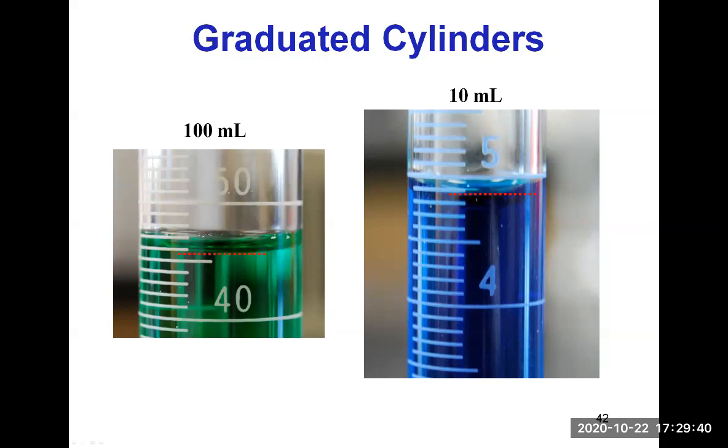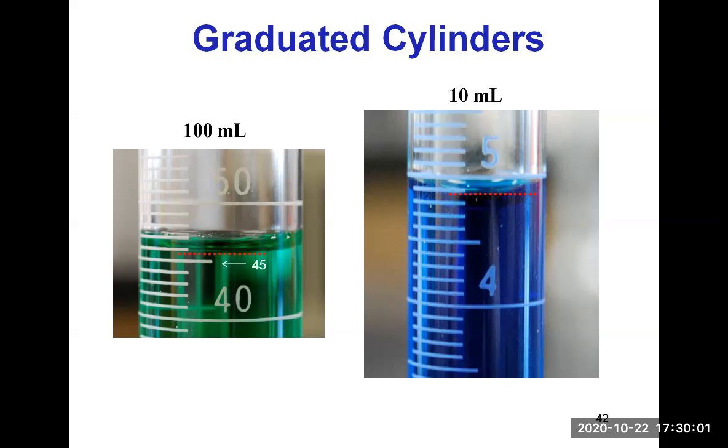So here, what do we know for sure? We have the line for 40. The smaller line above is 41 milliliters. The line above 42, then above 43, again 44, and then the line in the middle between 40 and 50 is 45.